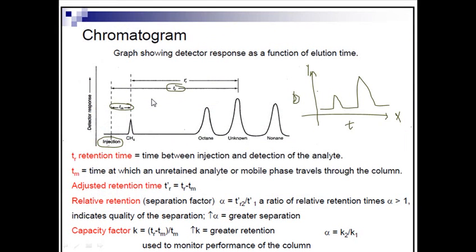The time between the injection and the detection of an analyte is called the retention time, or TR. We can also have TM, the time at which an unretained analyte or the mobile phase travels through the column. This part here is called the TM.